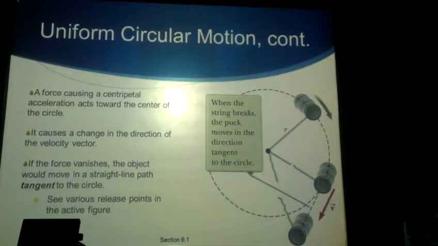So if the force vanishes, the object would move in a straight line path tangent to the circle. So let's talk about, in this video, two different types of problems that I could ask you involving forces and circular motion. The first type is called the conical pendulum.